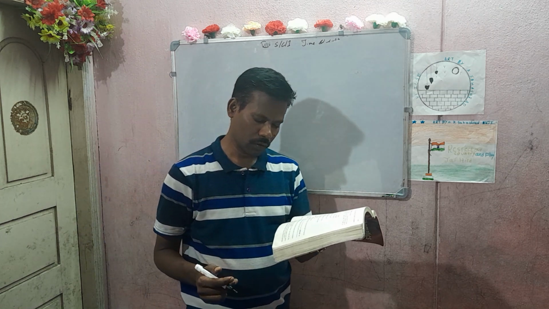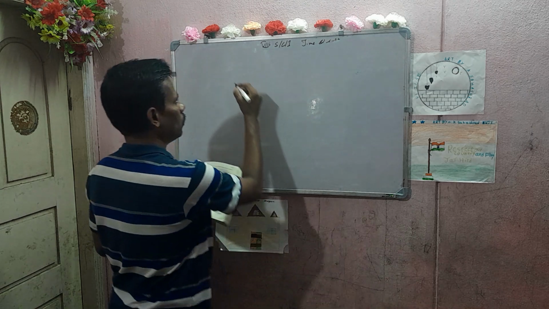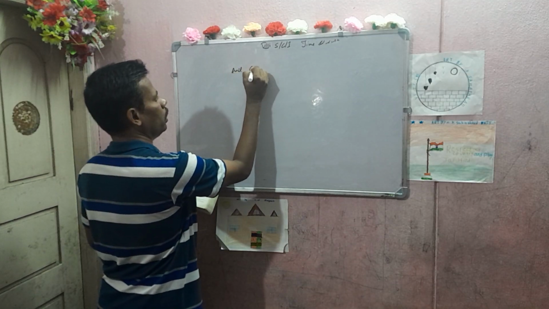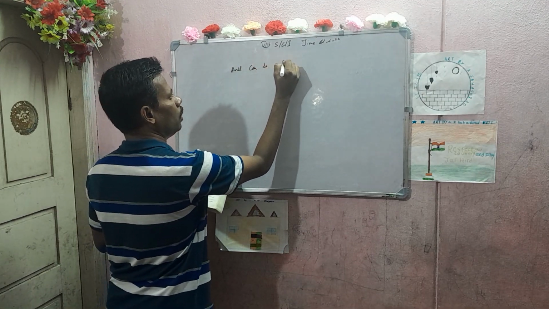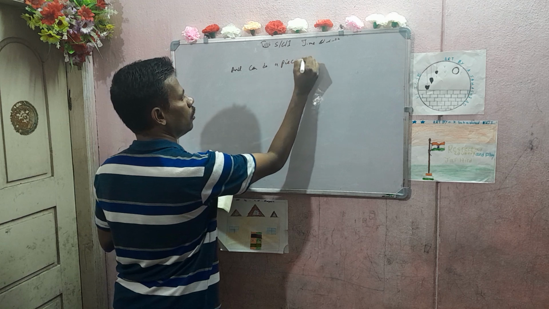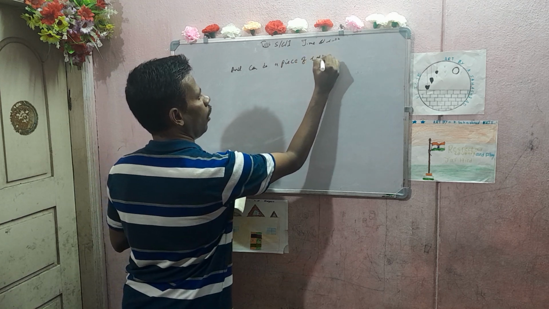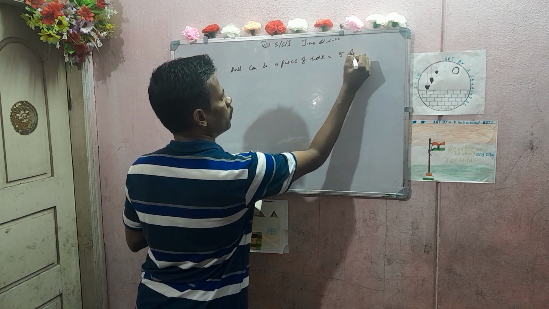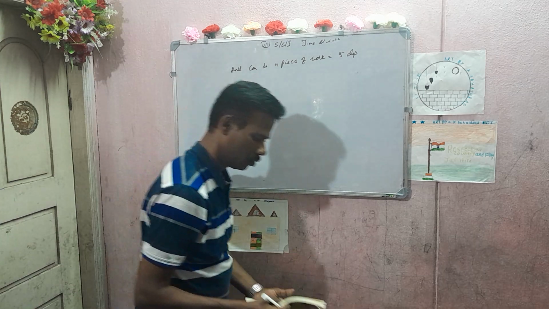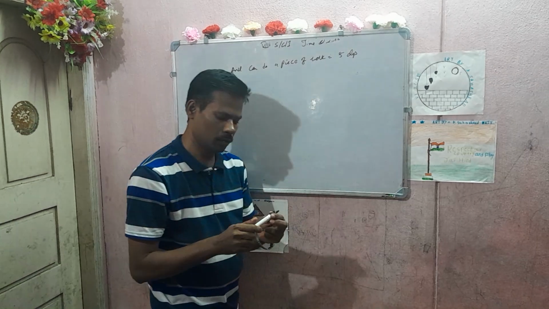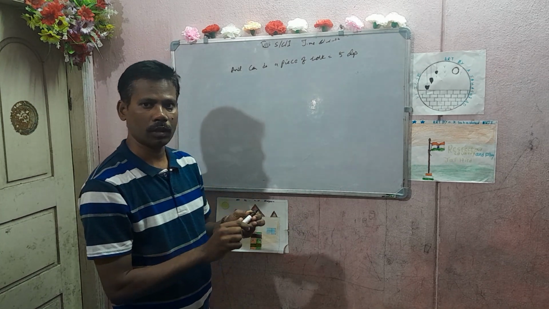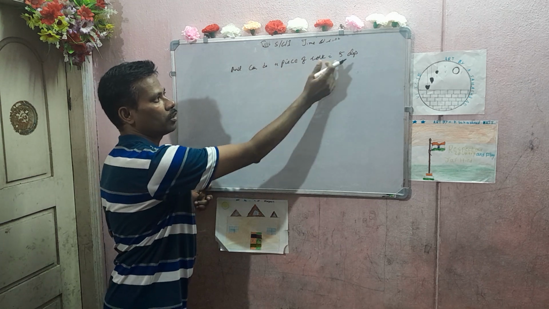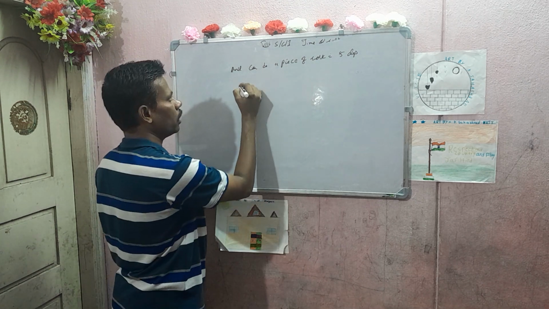Anil can do a piece of work in 5 days. Just now, as I told in the beginning of the class, when they give a piece of work in 5 days, you have to calculate for one day.